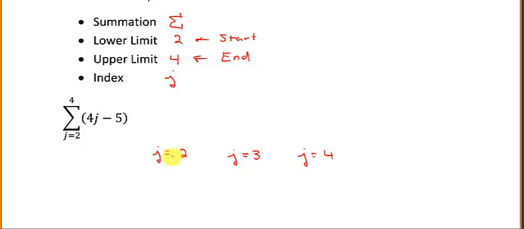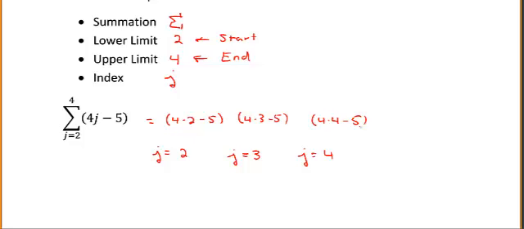Now, if j is equal to 2, if I look at this expression here, 4j minus 5, that would become 4 times 2 minus 5. And if j is 3, I'd have 4 times 3 minus 5. And if j is equal to 4, I'll have 4 times 4 minus 5.